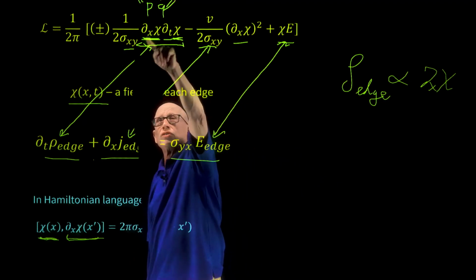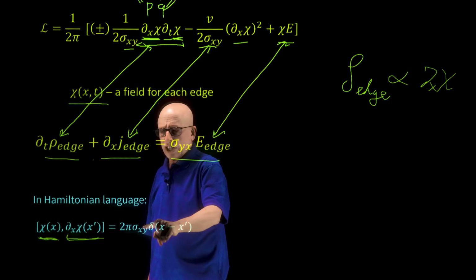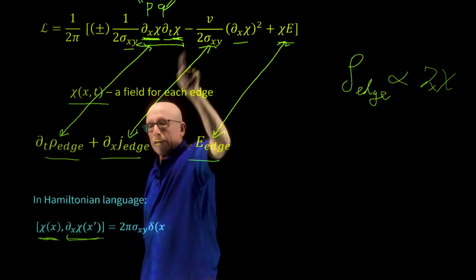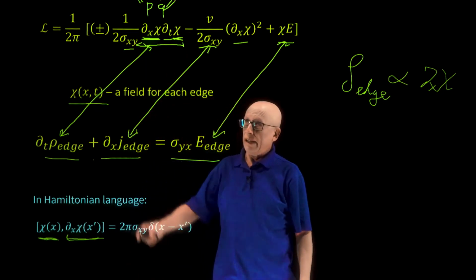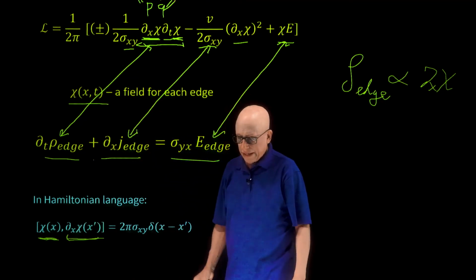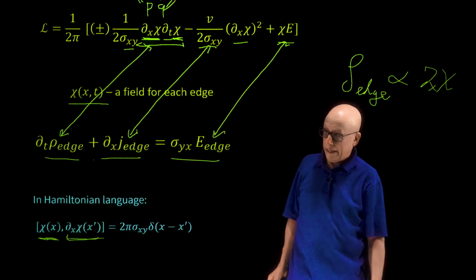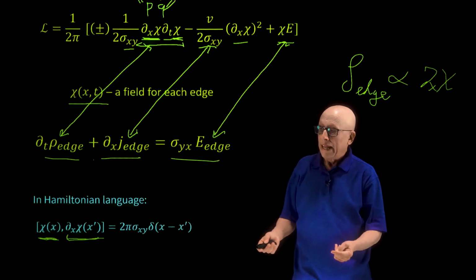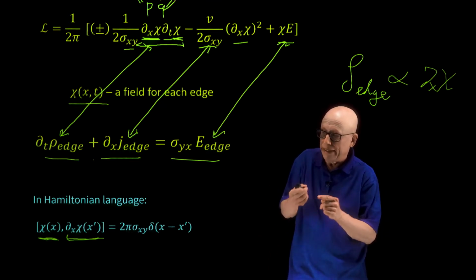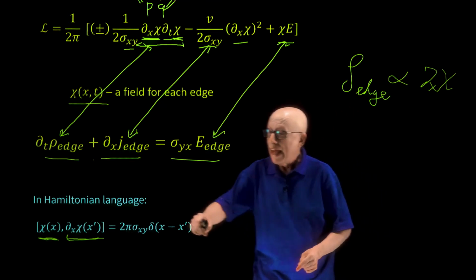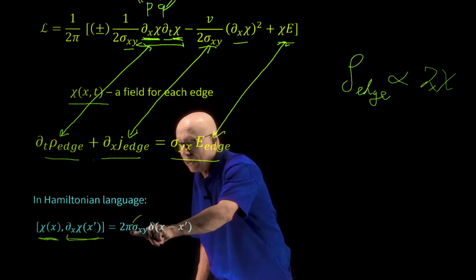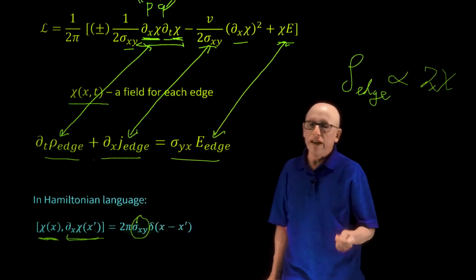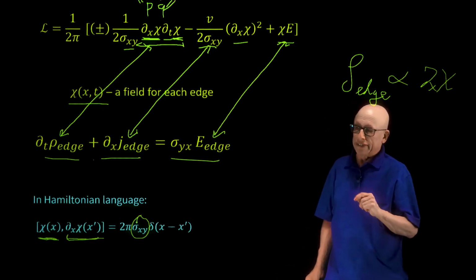sigma xy comes out of doing the Legendre transform and multiplying by what appears here in the denominator. So we see the field and its derivative do not commute, and the commutation relation encodes to us the filling fraction we are interested in.